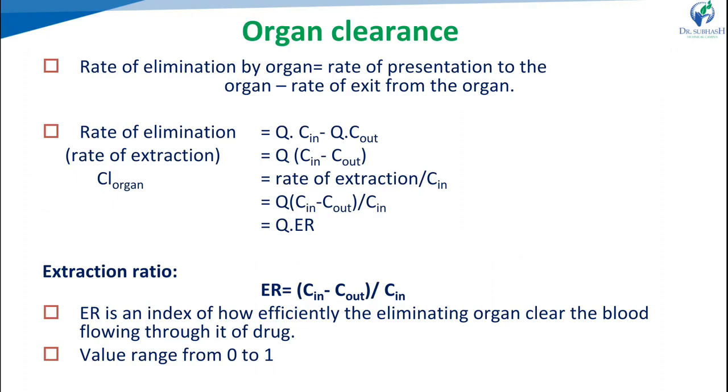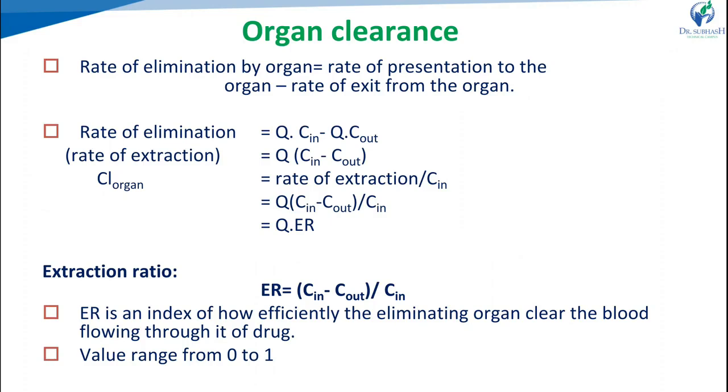The rate of extraction divided by C in, so (C in minus C out) divided by C in, is also called the extraction ratio, so clearance is Q into ER. The extraction ratio is an index of how efficiently the drug is eliminated, how efficiently the organ clears the blood flowing through it of the drug.